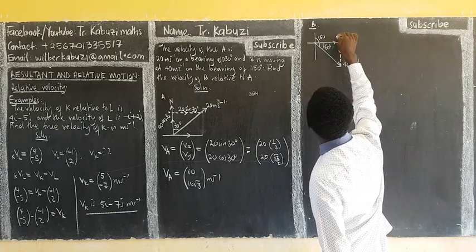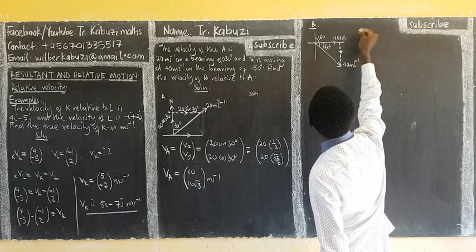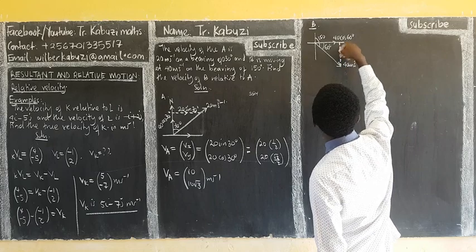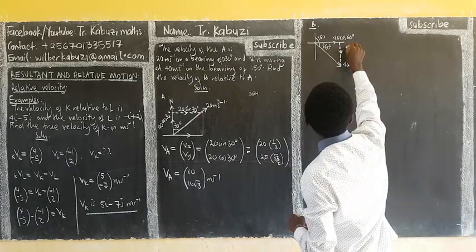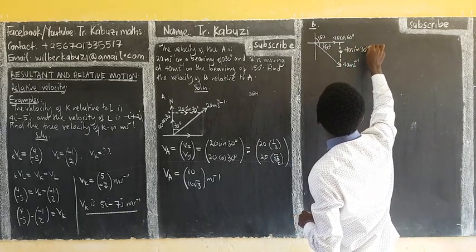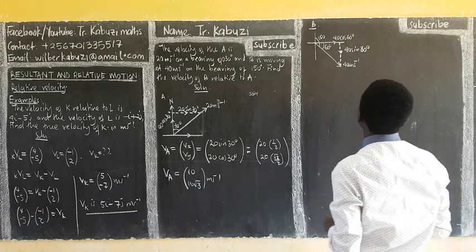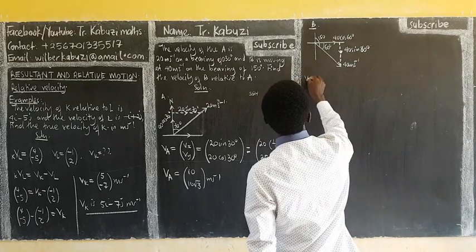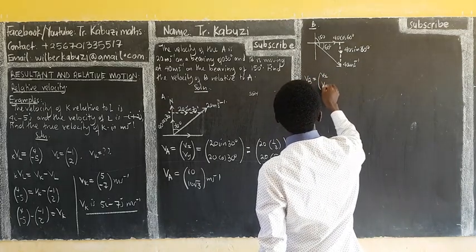Adjacent goes with the cos, so it's going to be 40 cos 60 degrees. Then this is opposite this angle, so it will be 40 sine 60 degrees.